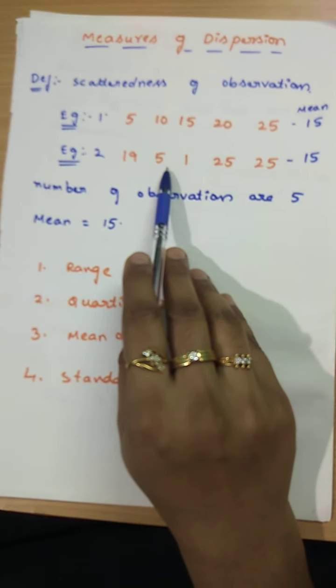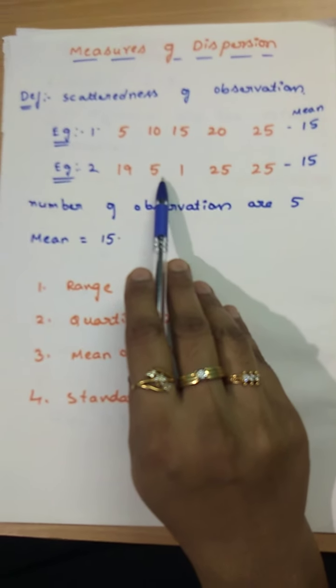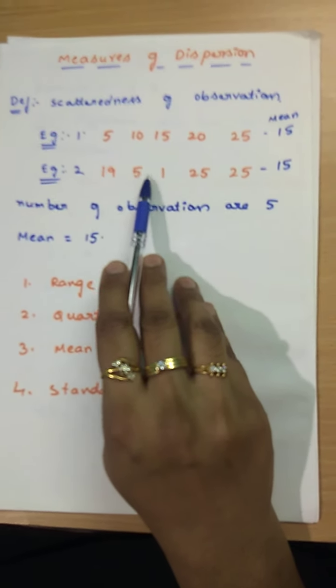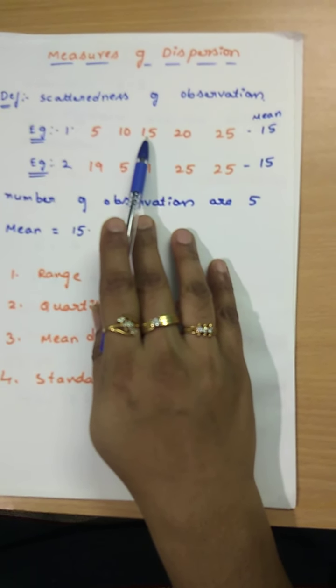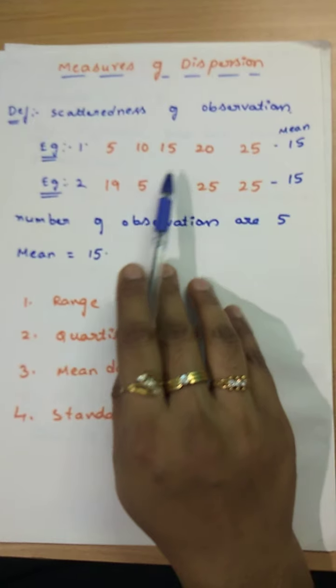In the second case the dispersion is more because the scatteredness is more. Hope it's clear what is meant by scatteredness. Dispersion is the measure of the variations of items.